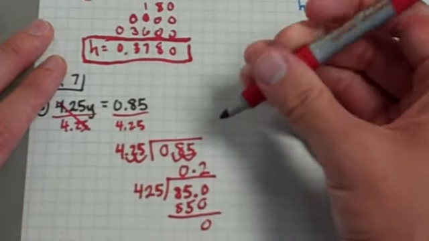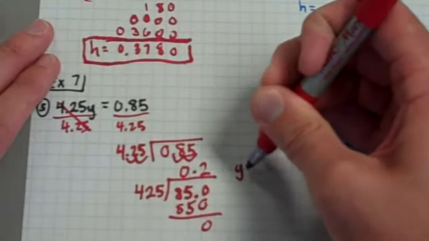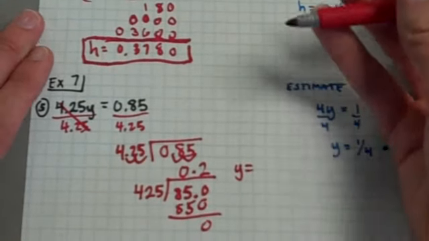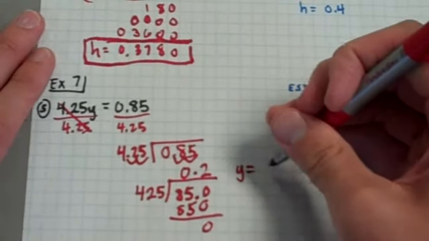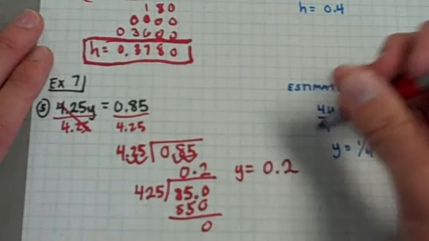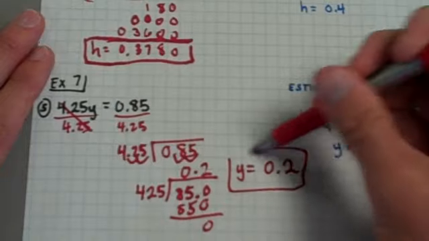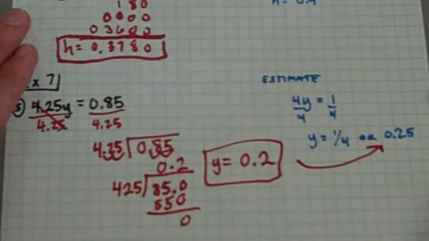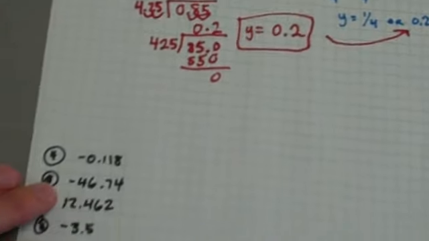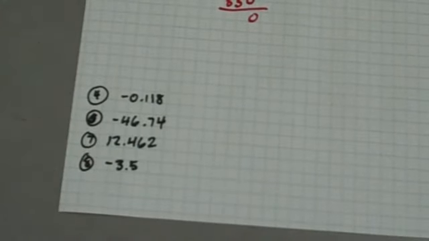How convenient. So y equals, wait a second, I did a positive divided by a positive, so a positive answer. Okay, y equals 0.2 as my answer, which is really close to 0.25.